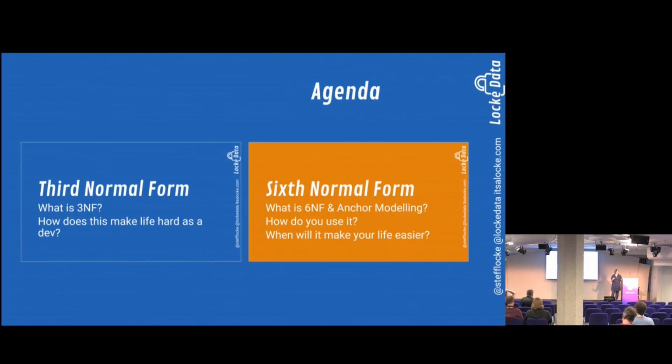And the proposed solution, or one of the solutions, is 6th normal form databases. So I'll take you through how that works, anchor modeling, and a lot of the benefits, and some clear use cases for when you should consider using it. So no DBA "it depends" answer, just a nice checklist so you can say, yes, this situation is my situation. I should consider anchor modeling.